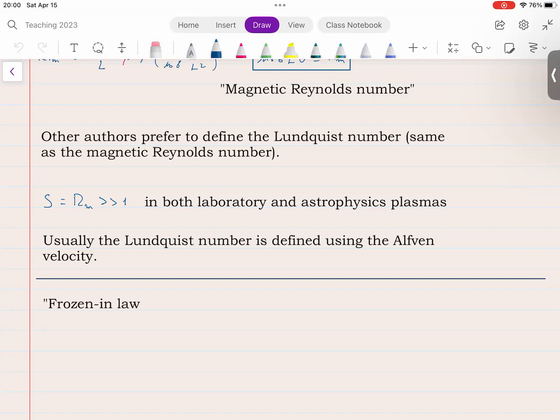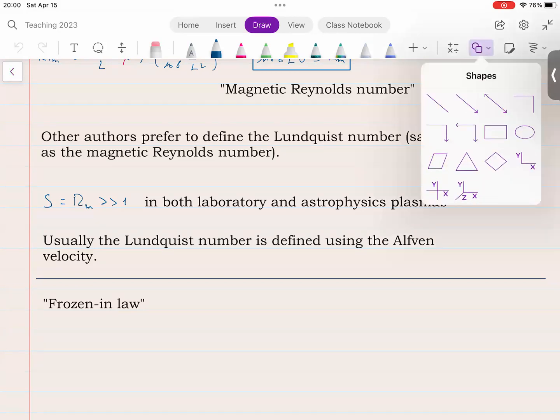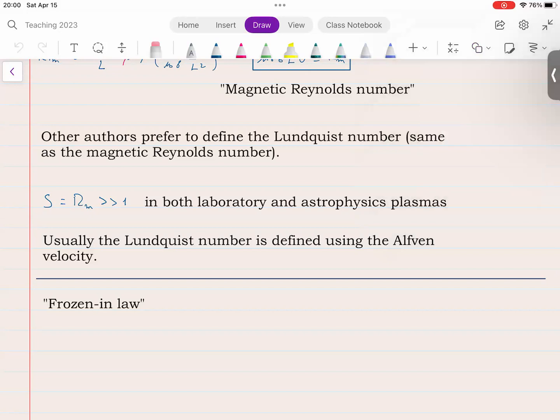Something that is called the frozen-in law, which is nothing else than conservation of magnetic flux.